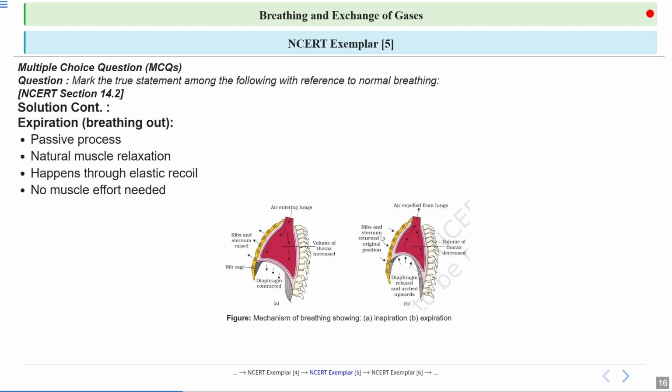So all this moves downward, reducing the volume of the thorax cavity, and all the air filled in the lungs, which is carbon dioxide, moves outward from the lungs.